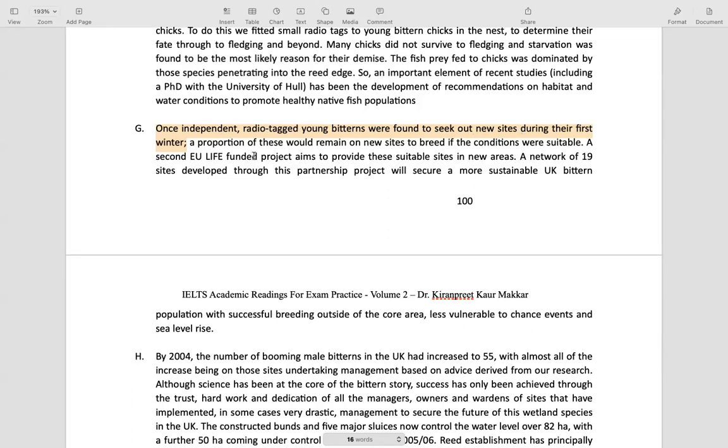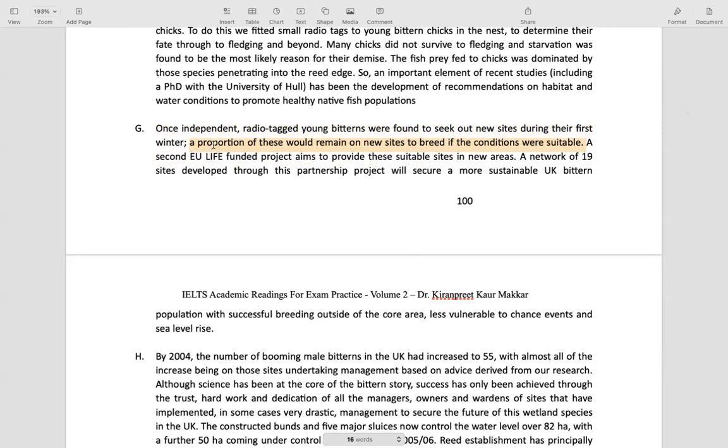Okay. Next. A proportion of these would remain on new sites to breed if the conditions were suitable. What does this mean? A proportion of these would remain. Proportion of these means what?